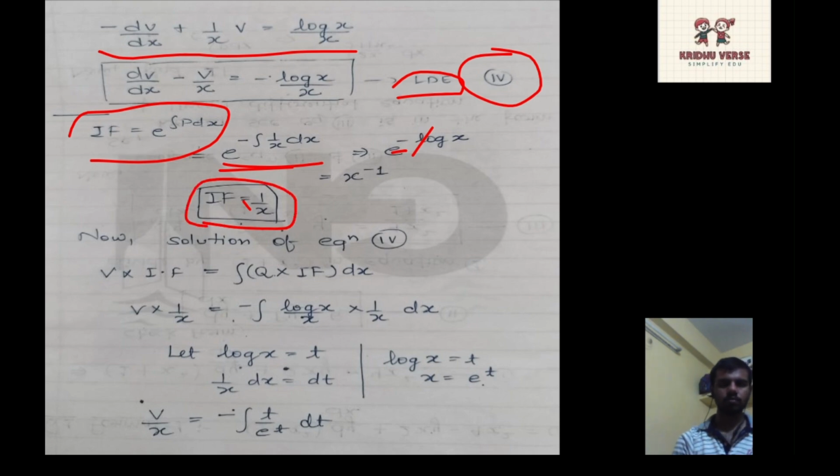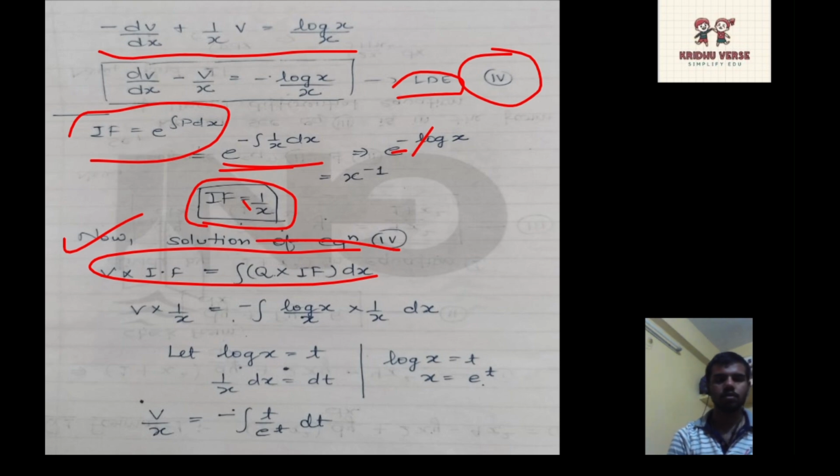Now the final step of solving the linear differential equation is finding the solution. The solution of equation number 4 is v into IF equal to integral of Q into IF with respect to x.